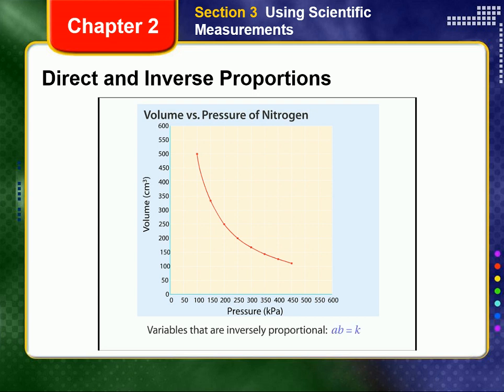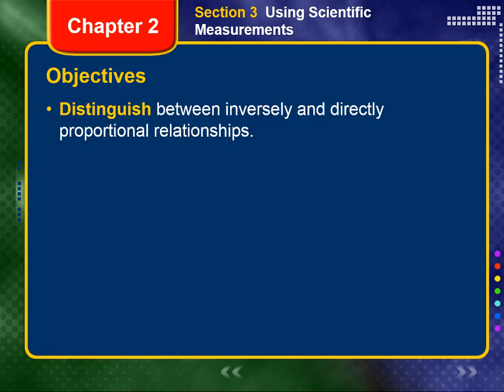In this example, when we multiply the volume and the pressure, we get a constant. From the graph, we see that when variables are inversely proportional, when one increases, the other decreases. At this point, you should be able to distinguish between inversely and directly proportional relationships.